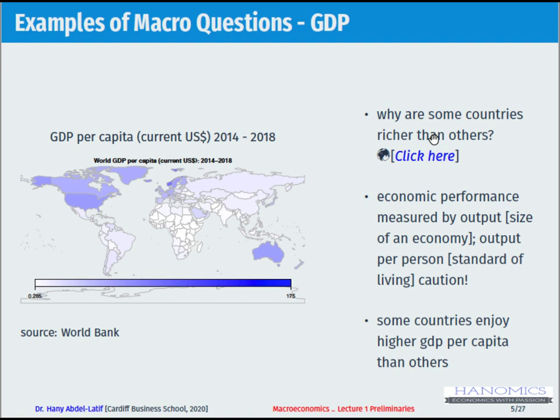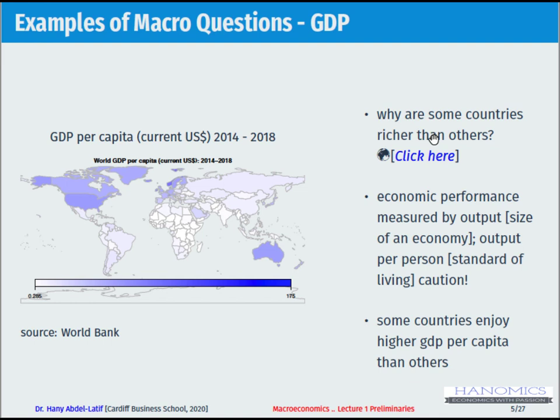What you see in the map is real world data, and it gives us the GDP per capita. Think of GDP as the output, how much a country produces, and per capita just means per person. So you divide how much they produce by the population. That gives you the GDP per capita, and some indication about the living standards in a given country.